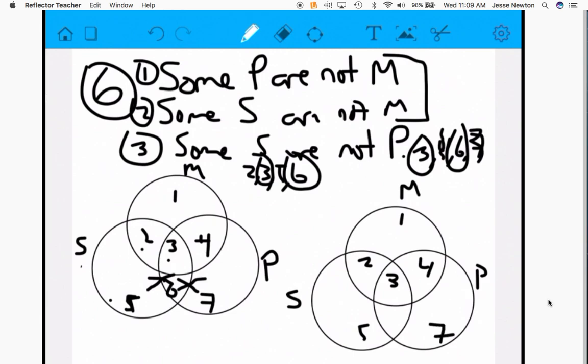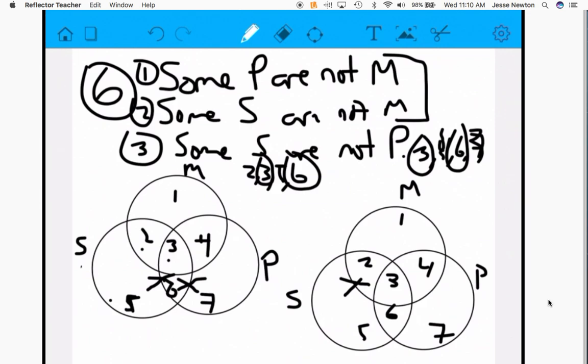It's not allowing me, for whatever reason, to write a 6 in the 6 hole. There we go, 6. So what we are saying is that some S are not in 3 and 6, so that means it can only be in 2 and 5, so we put an X right there on that line.